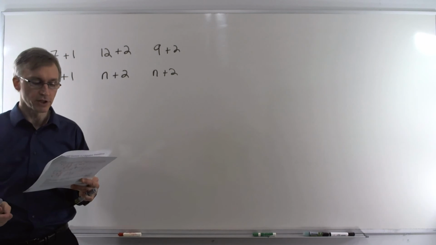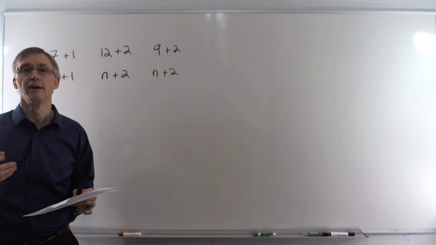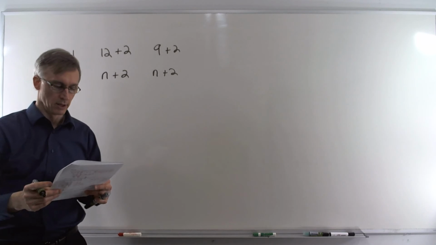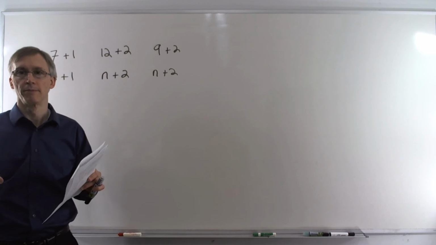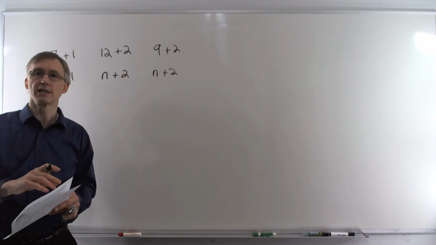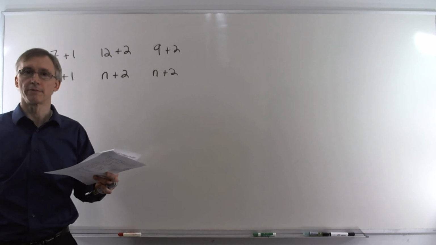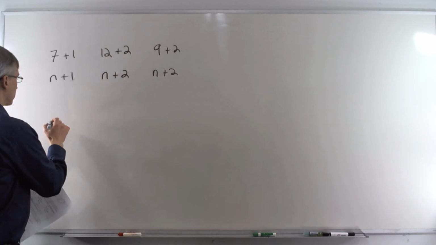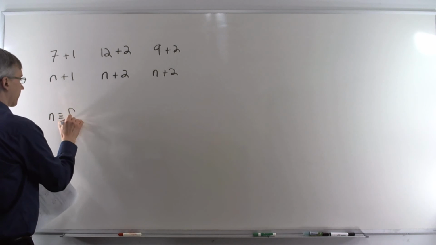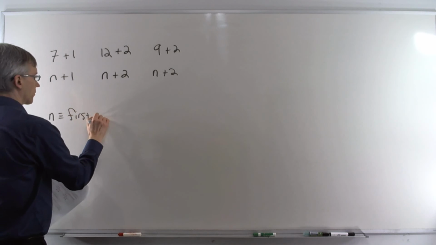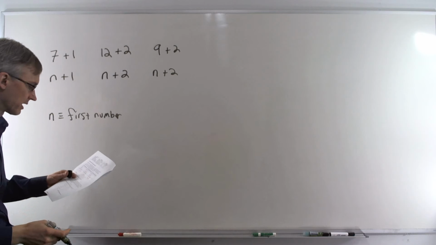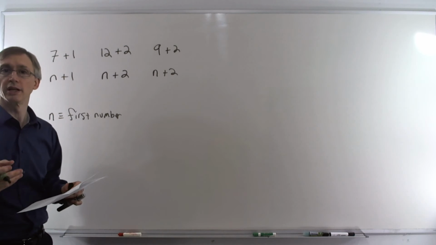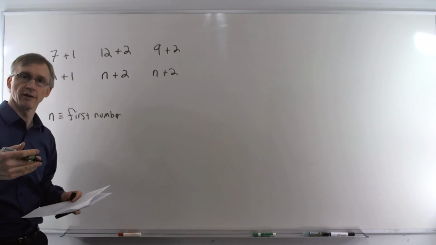Example, the sum of 2 consecutive numbers is 19. Find the 2 numbers. So we have 2 different numbers in this problem. The first one, well, that one's easy. We just define some variable to represent the first number. The problem says it's 2 consecutive numbers, so we need an expression then for the second number.